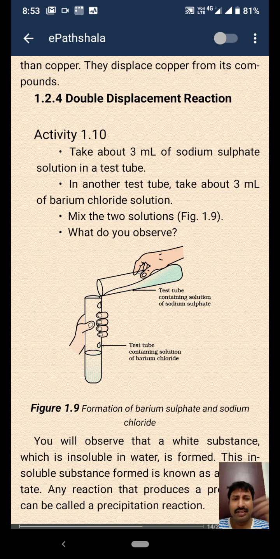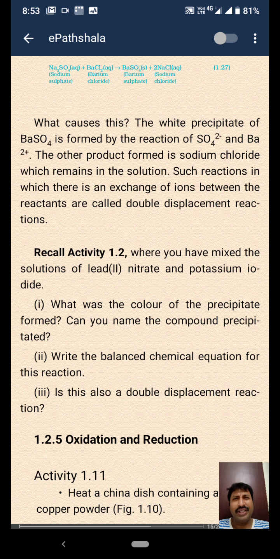A very simple reaction. And double displacement example we know very well, that is sodium sulfate plus barium chloride. A very easy example. Okay, you have to be very careful. See, these reactions are there in grade 9 itself, you would have studied. Okay, when sodium sulfate Na2SO4 is reacted with barium chloride BaCl2, both in aqueous state, it will give out barium sulfate and sodium chloride.